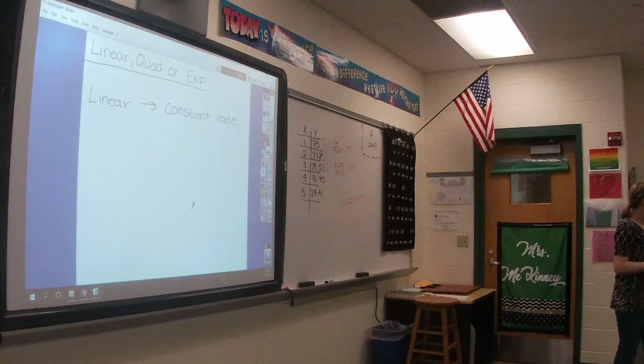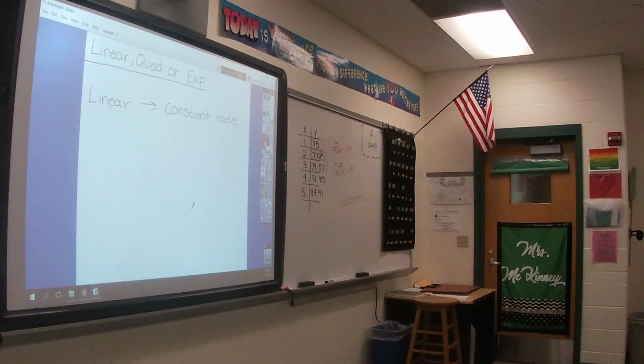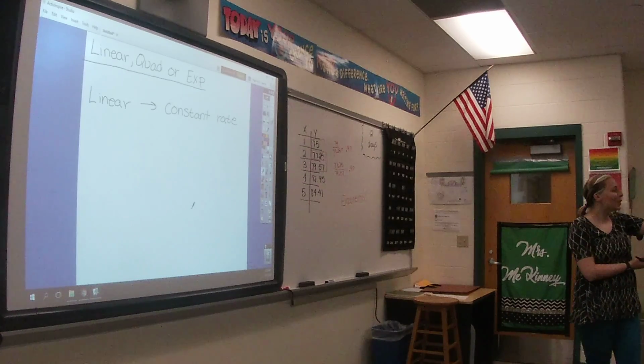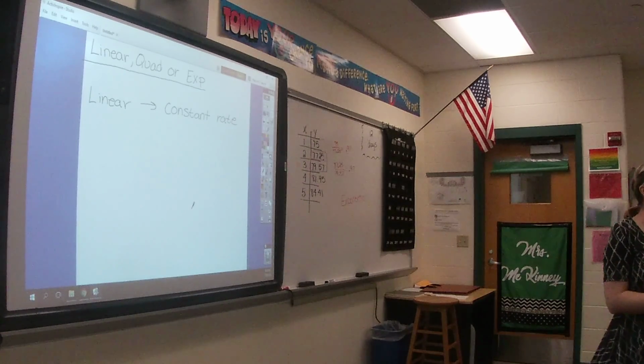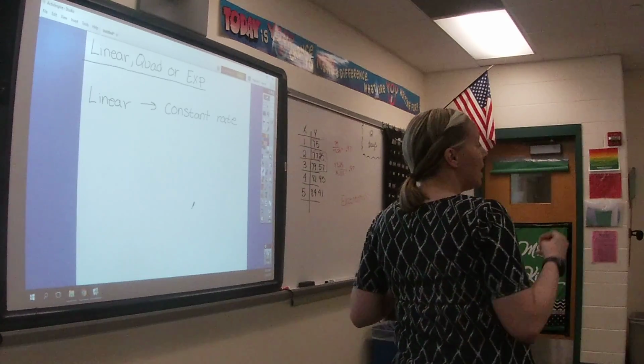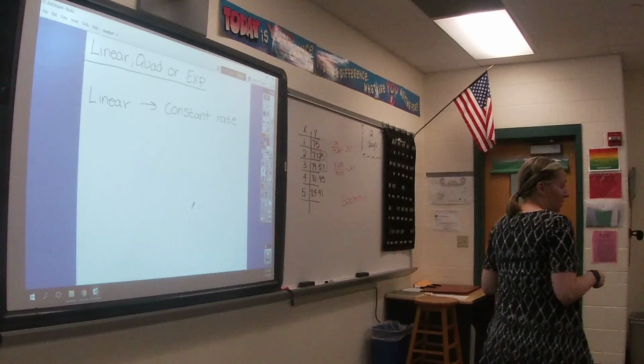It doesn't have to be horizontal. It could be going like this. And what do lines have? A slope, right? This slope tells us that it's always up a certain amount and over a certain amount every single time. That's what makes it linear, a constant rate.